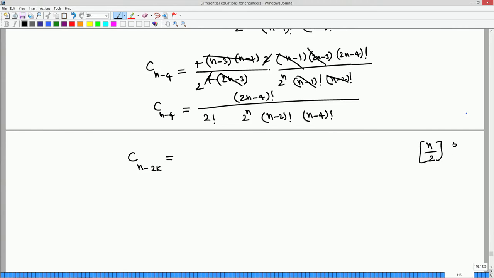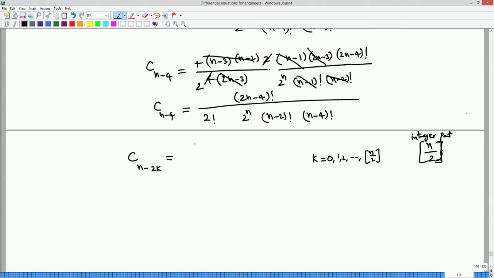Okay. If n is 5 by 2, only the integral part, that is 2, okay, like that. So, you write the integral part, bracket of n by 2. So, k will go from 0, 1, 2 up to n by 2 as an integer part, okay, integer part, that is this.